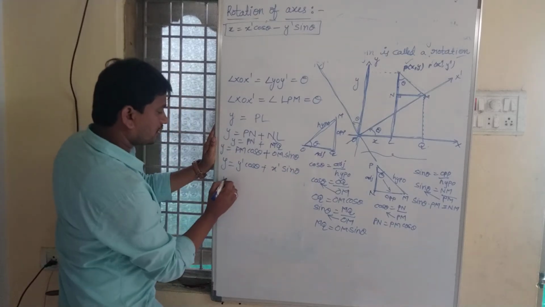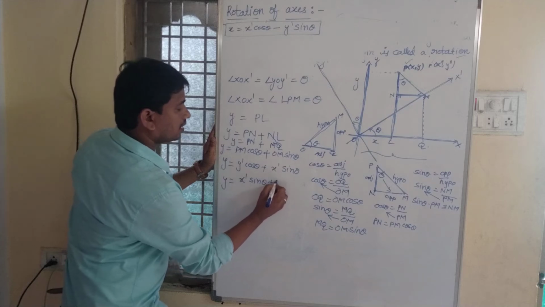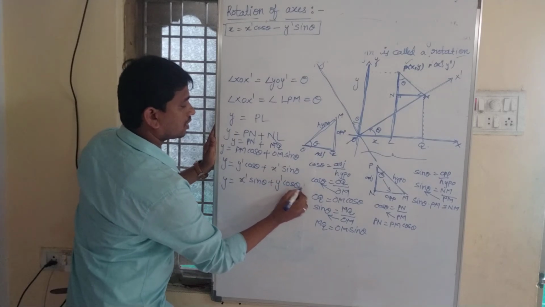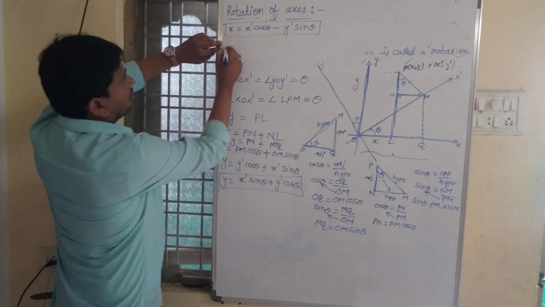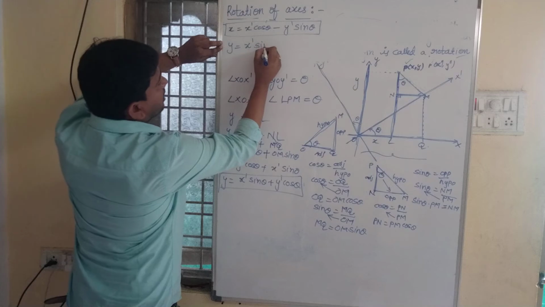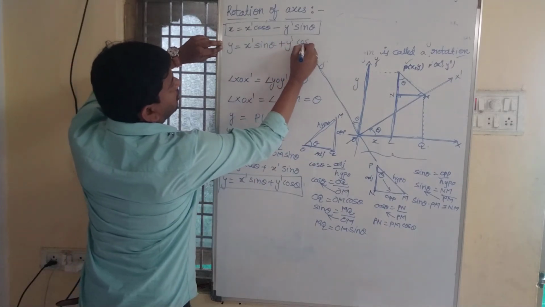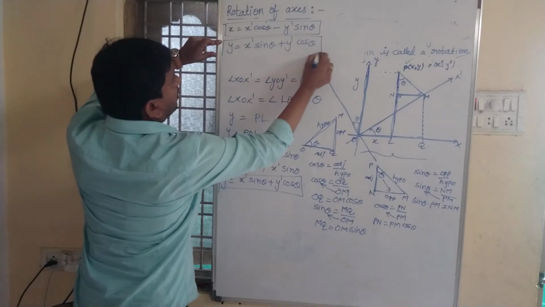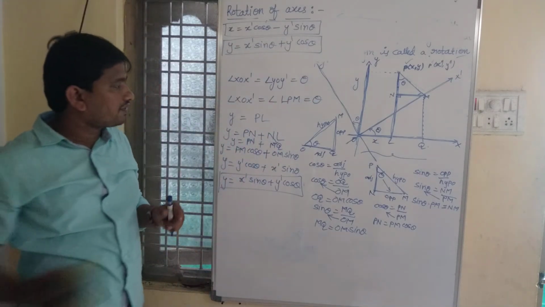So let us write y equals x dash sin theta plus y dash cos theta. So what is the value of y, children? y equals x dash sin theta plus y dash cos theta. This is the formula for y. Is it clear, children? How to find x and y?